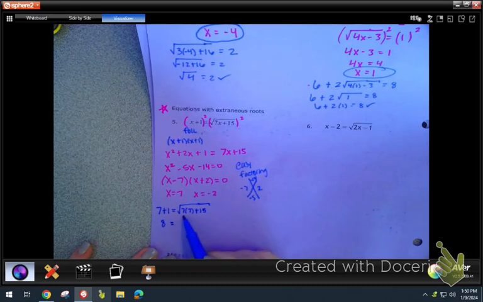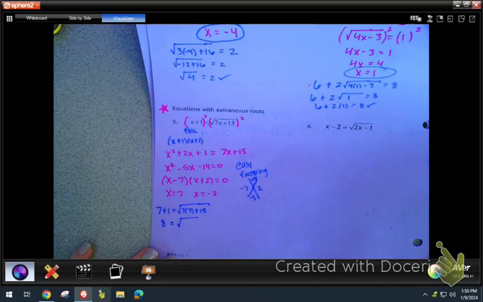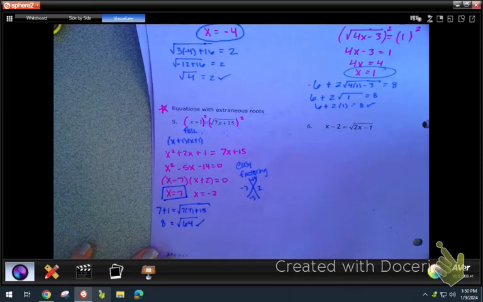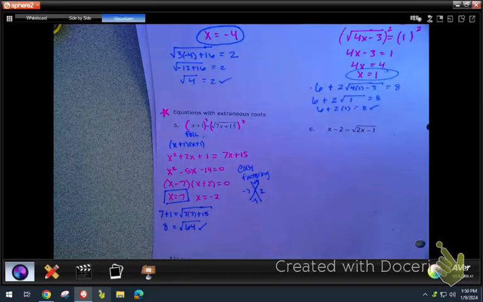But let's just check the math here. 7 times 7 is 49. 49 plus 15 is 64. Is 8 equal to the square root of 64? So this solution is valid. Okay, so I would box that. And y'all know that when I grade this, I want to see you actually solve for both, and I want to see you declare this one works, this one doesn't. But I still need to see both those numbers.